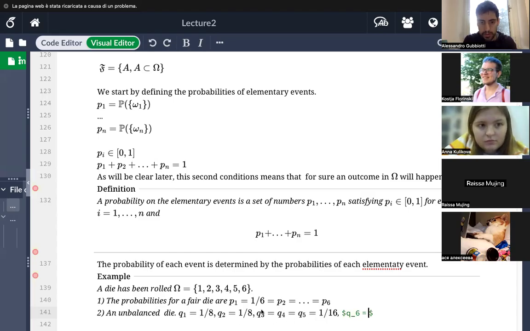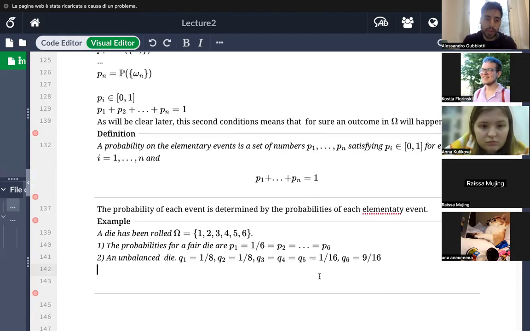This is 3 over 16, this is 2 over 16, 4 over 16, 9 divided by 16. So this is an example of an unbalanced die.